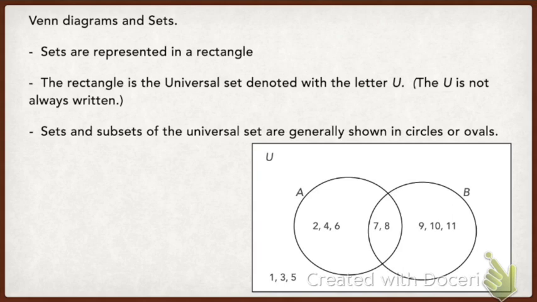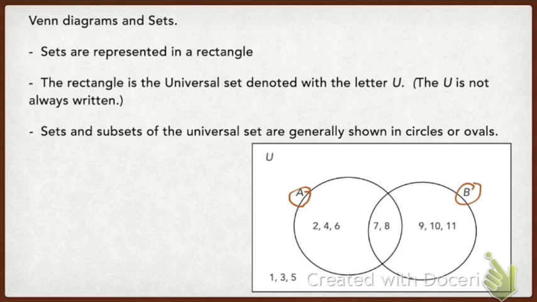Like it says here, sets and subsets of universal sets are generally shown in circles or ovals, but there's no rule that says they have to be. We can make them with squares, triangles, whatever we want. You'll notice the sets are labeled right by where the circle is. This is set A, the left circle, and this is set B, the right circle.